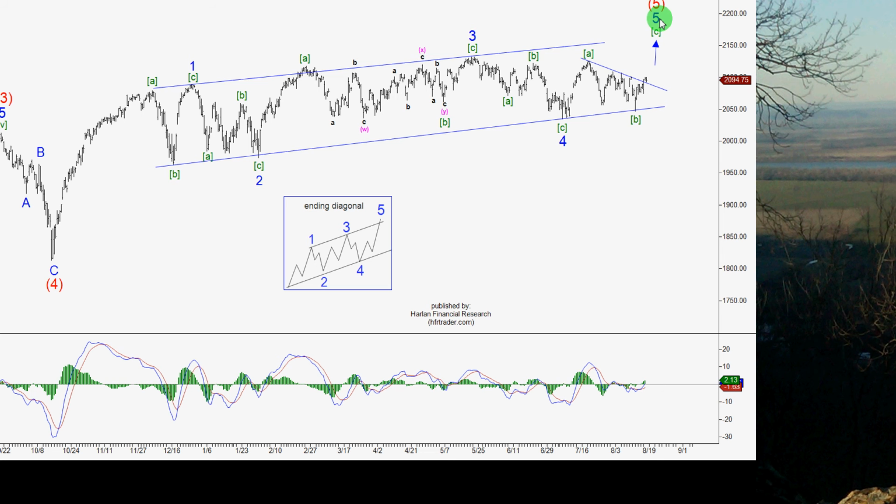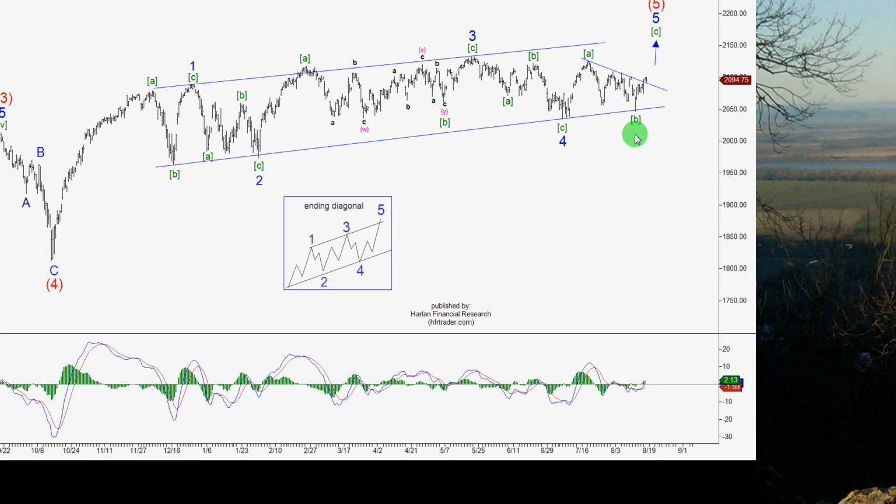Now there's a few alternates here. Wave 4, it's very possible that wave 4 ended right here at this low last week. And how that would count is it would be ABC down, and then we did a triangle formation to this point right here for wave B. So we'd have wave A here, wave B here, and this is wave C to end wave 4 right here.